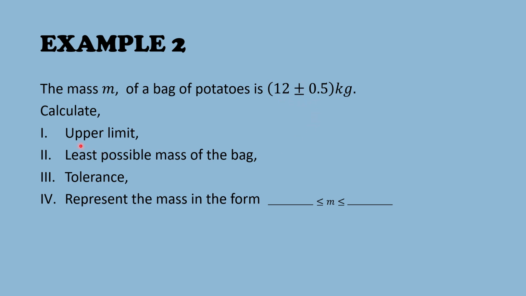So for us to find the upper limit, upper limit is going to be true value plus 0.5, so we're going to have 12.5. Least possible measure is the same as lower limit. Tolerance is going to be 2 times absolute error, or simply upper limit minus least possible mass. Great.